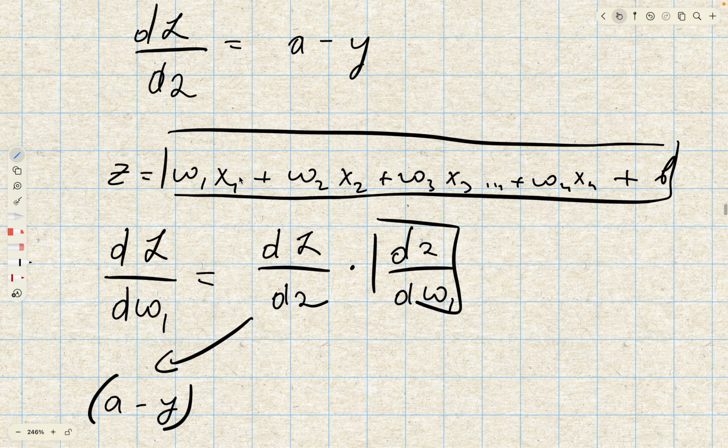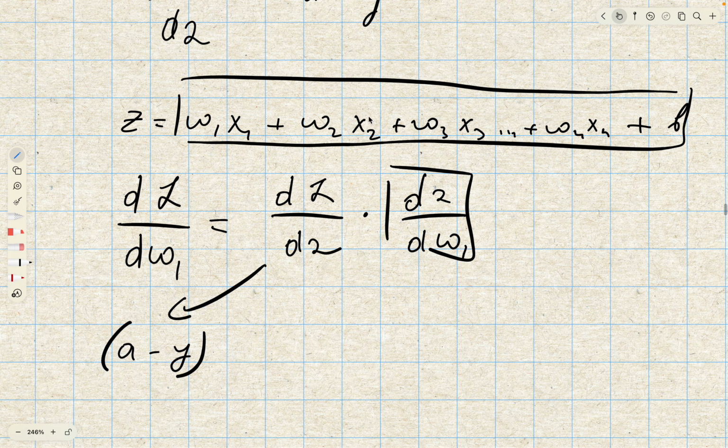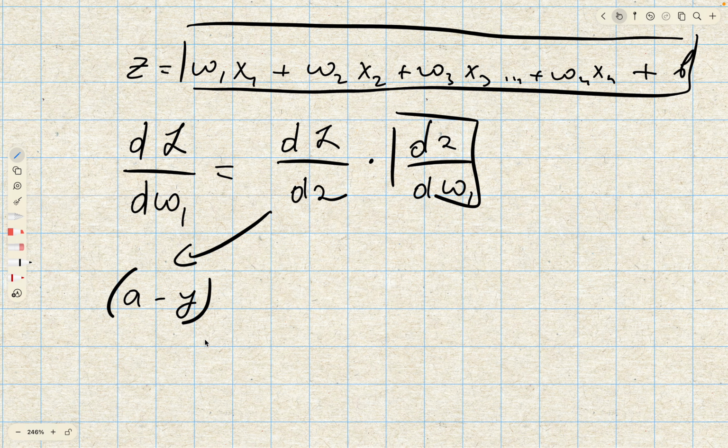It means we're trying to find the derivative of this function with respect to V1. If we are doing so, then we will treat all other parameters as constants, including B. Then the derivatives of those constants will be 0.